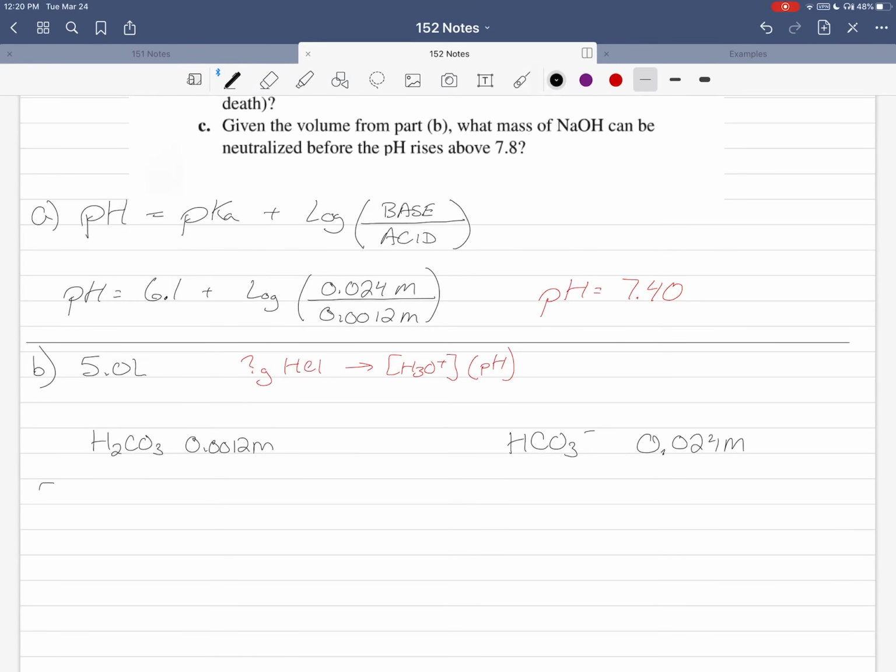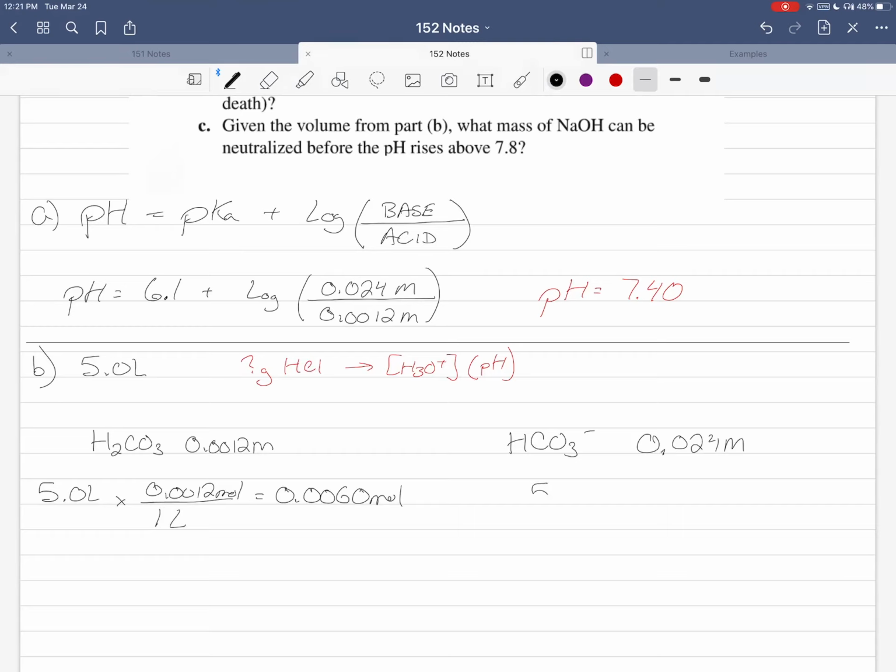If I have 5.0 liters, 1 liter is 0.0012 moles, that gives me 0.0060 moles of carbonic acid.